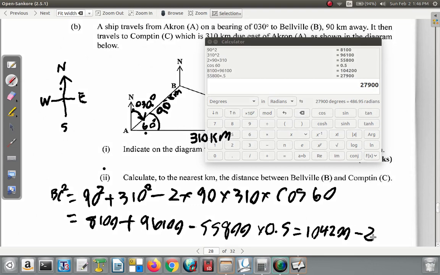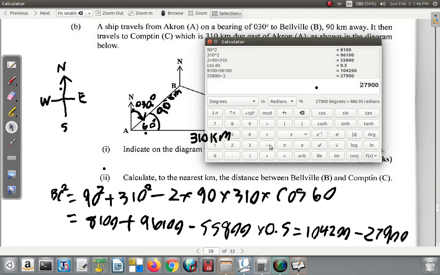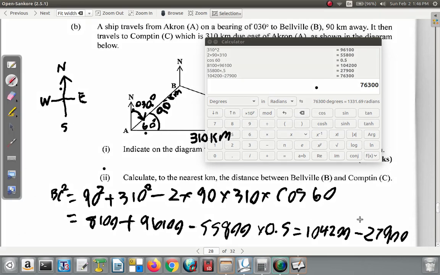So you have 27,900, and what does that give you? You're going to say 104,200 minus that equals 76,300. So that is 76,300. That is BC squared is 76,300.